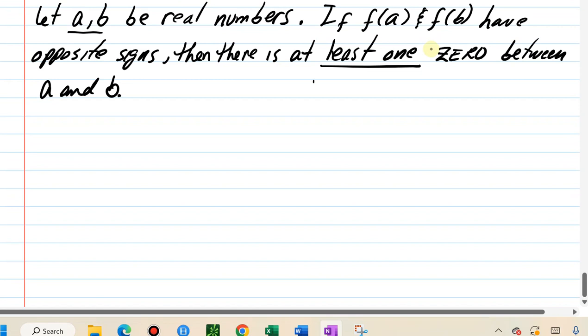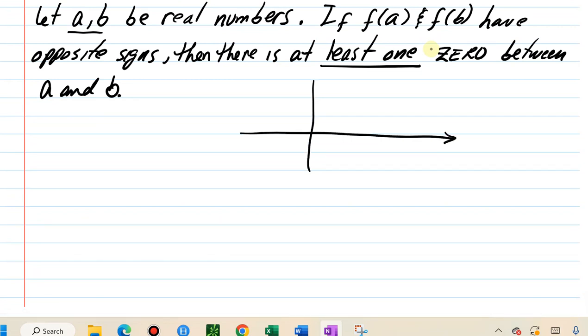So for example, this is what, in its simplest form, this is saying. Here's x, and suppose this is y. Let me draw this a little more straight. All right, so here I have x, and this is my y-axis. And I'm just going to draw this like so.